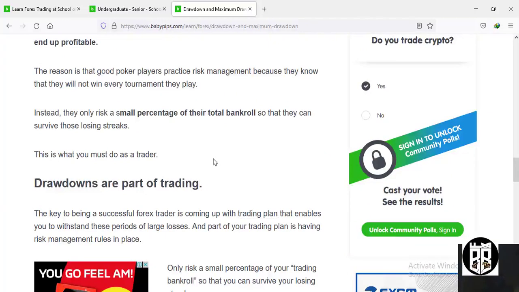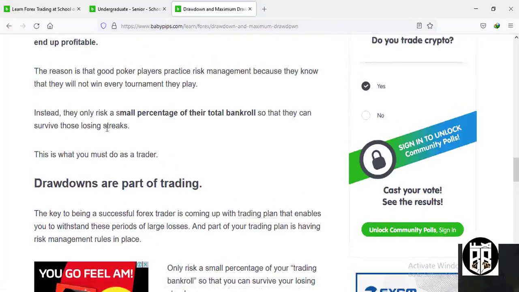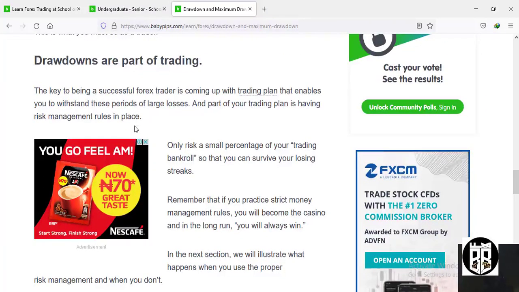They know they are not always going to win every trade, every game or every tournament. So they risk only a small percentage of their total bankroll so that they can survive those losing streaks. Now, this is what you must do as a trader. You must risk only a small percentage of your account to survive those trades that you will lose.